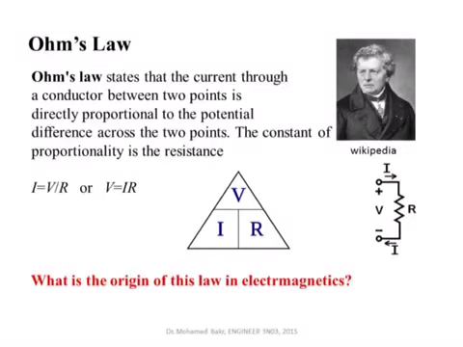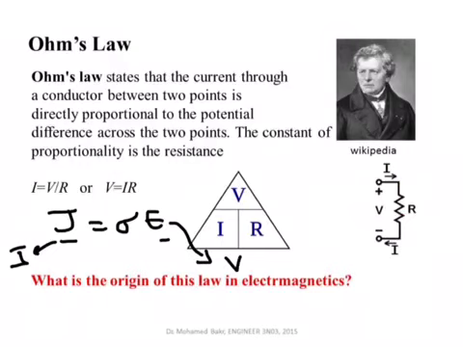Now, the origin of this law in electromagnetics is the expression we mentioned in the class before, which relates the conductivity and the electric field. So J is equal to sigma E. If you integrate J over the cross section, it will give you the current, and if you integrate the electric field, the work done by the electric field, this will give you the voltage.